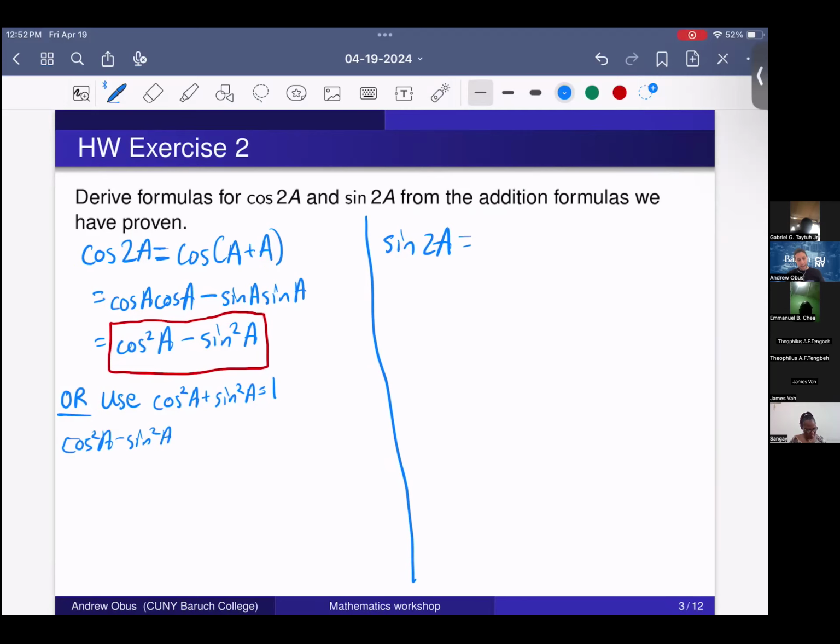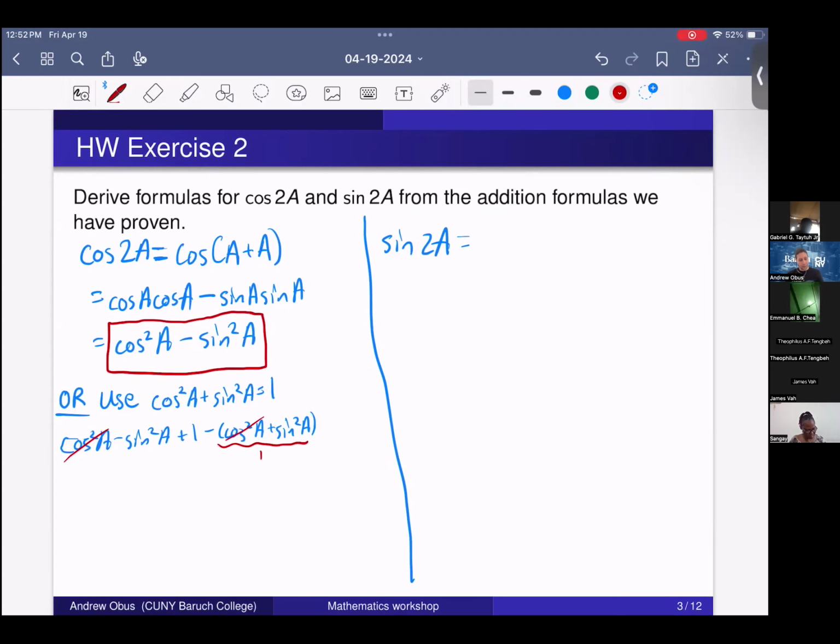And now I can add 1 and I can subtract 1, right? Cosine squared a plus sine squared a. This is fine because I'm just adding 1 and subtracting 1. So if I look at this, what happens? Well, the cosine squared a and the cosine squared a cancel each other out.